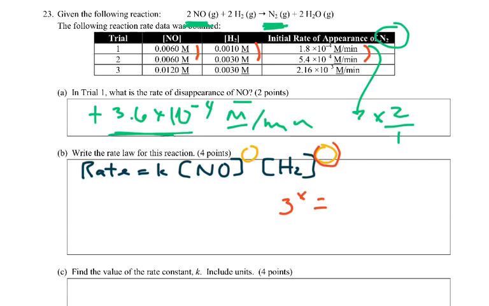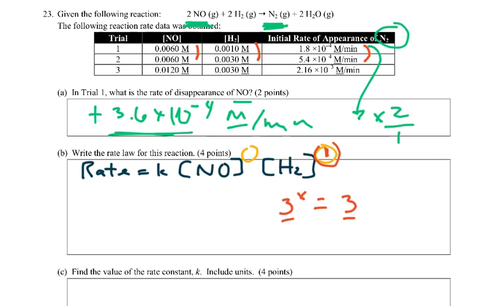I can use my calculator. So 5.4 divided by 1.8, that looks like 4 times, but I'm going to double check. I'm glad I checked. That's actually 3 times. So if my concentration went up by 3 and my rate went up by 3, then x must be the first power. So this is first power right there.